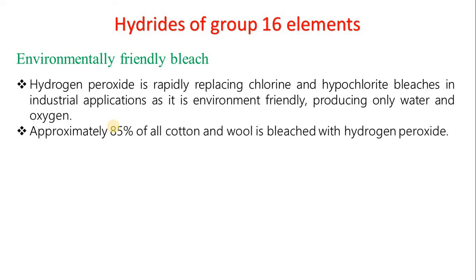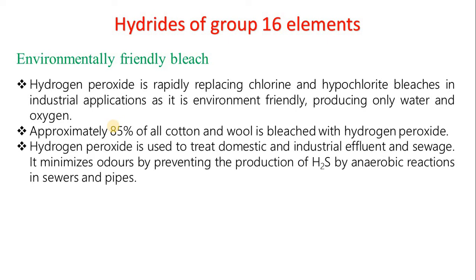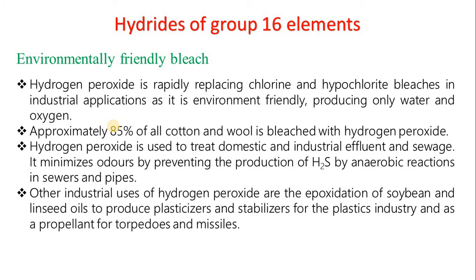Approximately 85% of cotton and wool is bleached with hydrogen peroxide nowadays. And hydrogen peroxide is used to treat domestic and industrial effluent and sewage. It minimizes odor by preventing the production of hydrogen sulfide by anaerobic reaction in sewage and pumps.